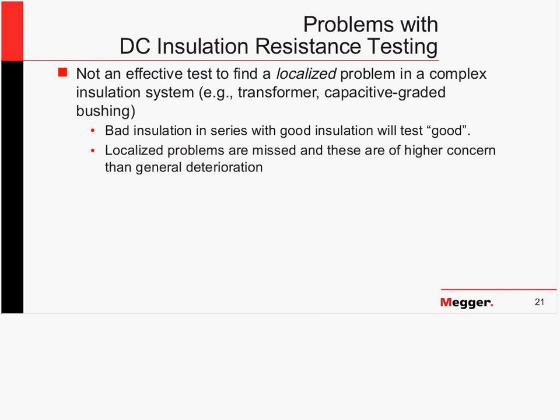So in other words, a problem that isn't spread throughout the entire insulation system, but just in a very localized area. This is a failure mode or a problem that we definitely want to identify, even more so than general contamination. Because if you have localized contamination, this is a weak spot in your insulation and it's making you very vulnerable to dielectric failure.